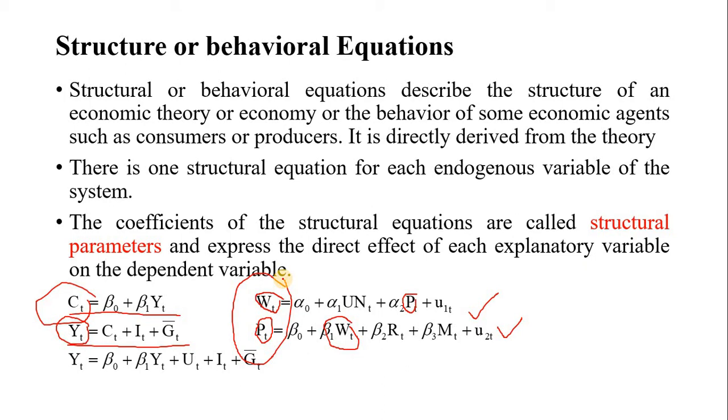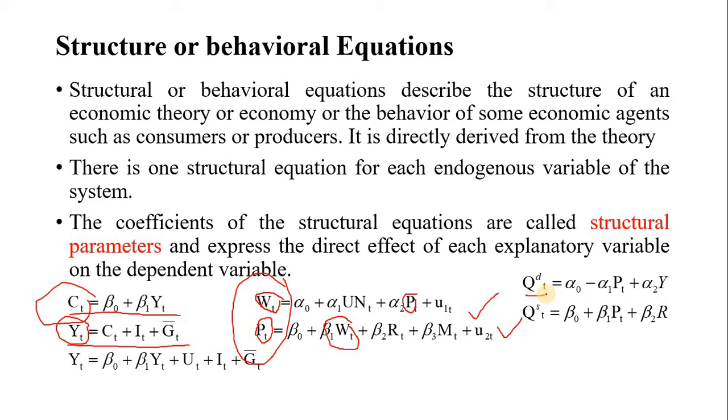related. Okay, so from each theory we can derive an equation. This equation will be the structural equation. Okay, so in a structural equation, if you look at one more example, QDt, quantity demanded for a commodity, is equal to alpha 0 minus alpha 1 Pt plus alpha 2 income Y. Supply is equal to beta 0 plus beta 1 price plus beta 2 raw material price, or cost of raw material.